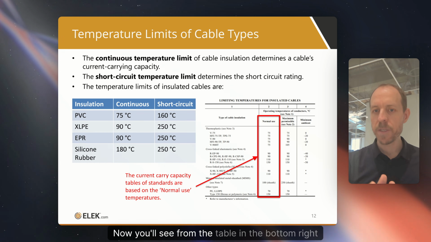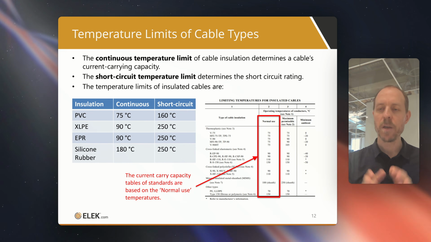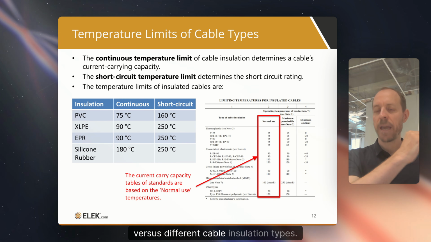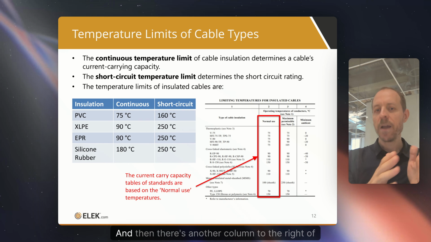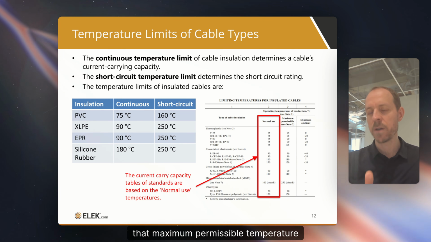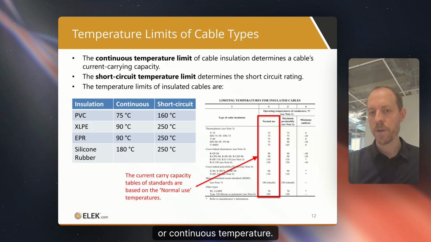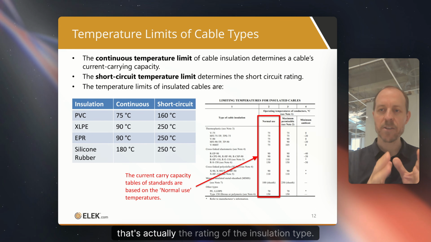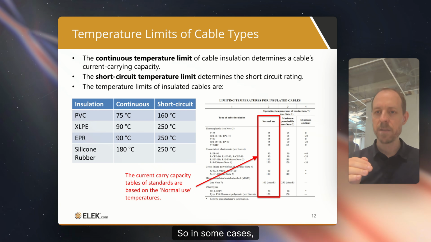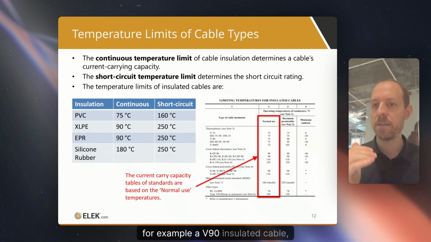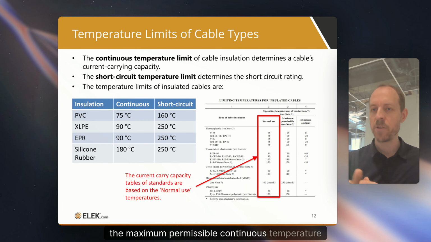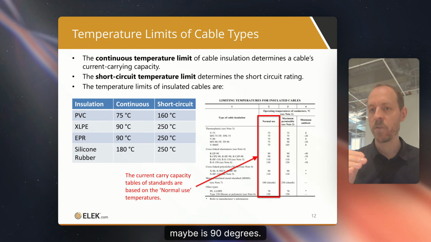You'll see from the table in the bottom right hand corner, there's a column for normal use temperatures versus different cable insulation types. And then there's another column to the right of that, maximum permissible temperature or continuous temperature. That's actually the rating of the insulation type. In some cases, for example a V90 insulated cable, the maximum permissible continuous temperature is 90 degrees.